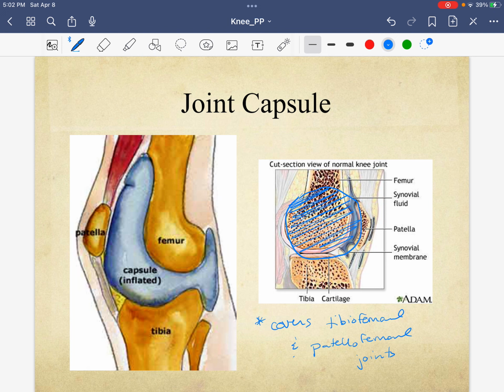So I'd like you to know that, right? You can see some other things. It's a relatively thin and loose joint capsule. So my one point that I wanted to really bring home to you is that this is a big joint capsule, covers the tibiofemoral and the patellofemoral joints.